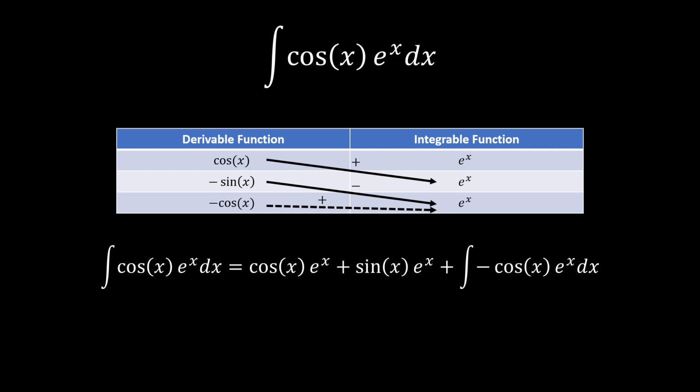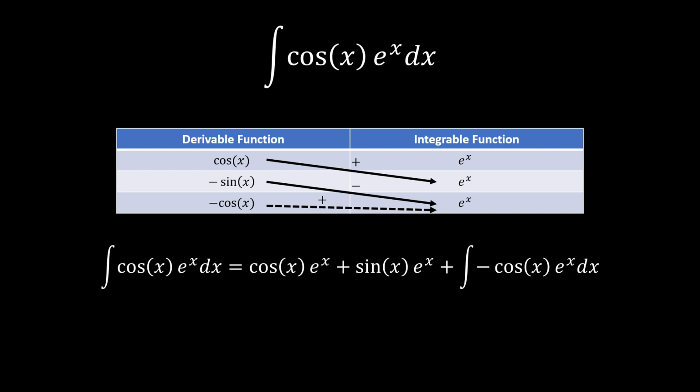So at this point, typical tabular method, take the diagonals as much as possible. We'll take our first diagonal, cosine of x times e^x multiplied by positive 1. Then we'll add to that negative sine of x times e^x multiplied by negative 1.